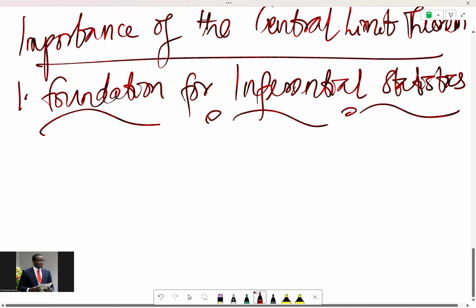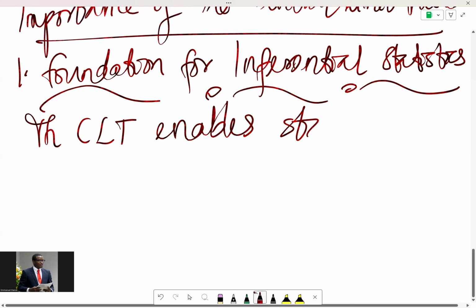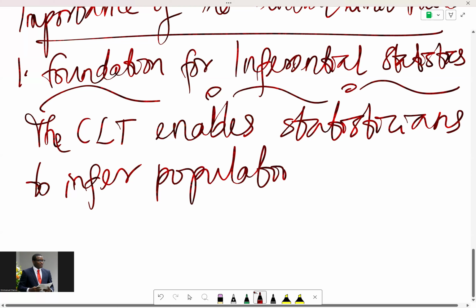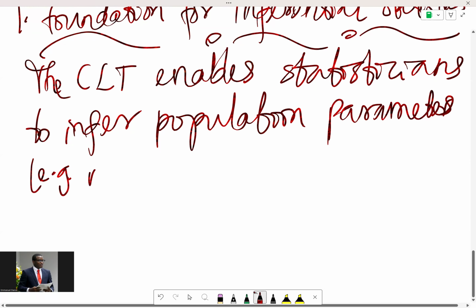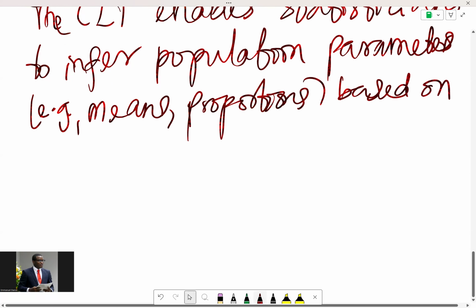The central limit theorem enables statisticians to infer population parameters, like means and proportions, based on sample data.